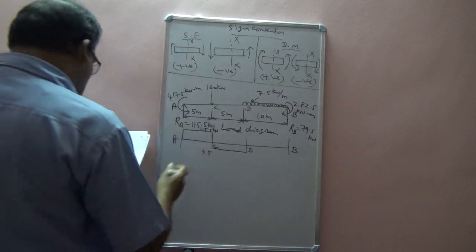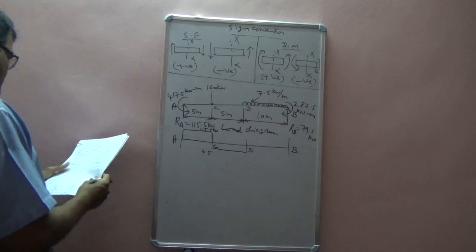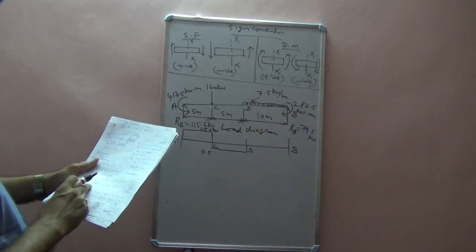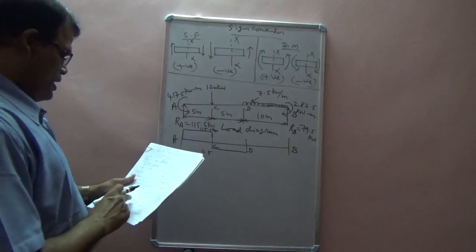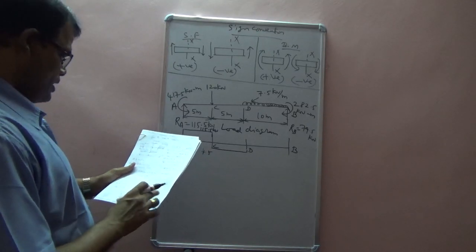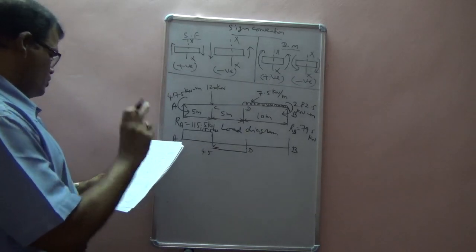Okay, then right side of D, what is the shear force at the right side of D? So right side of D is plus 137.5 kilonewton. Okay, right side of D. And left side of B is minus 180. Left side of it's wrong.